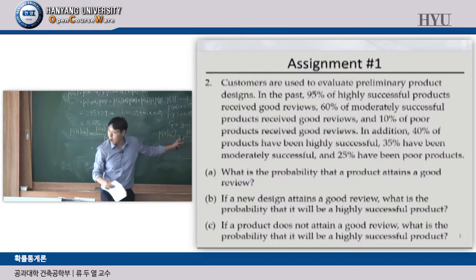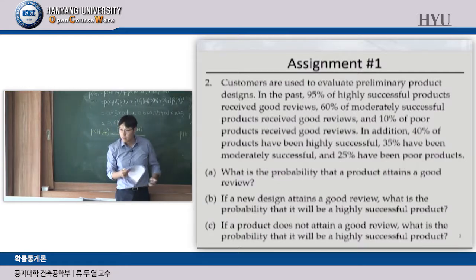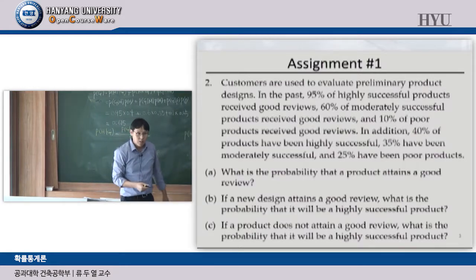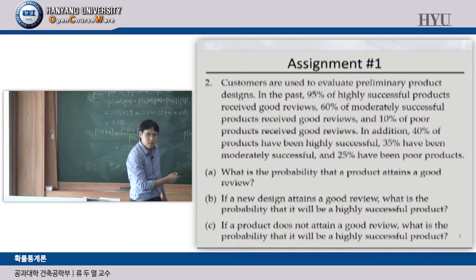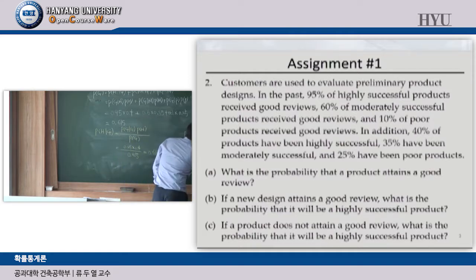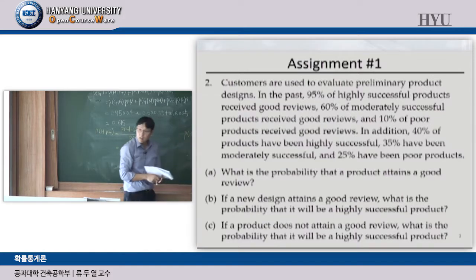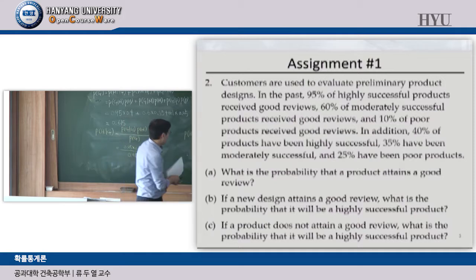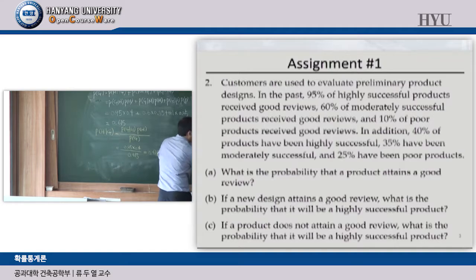And what is the conditional probability of G prime given H? That is 0.05, sorry. And the probability of H is 0.4 over the probability of G prime, which is 1 minus 0.615.